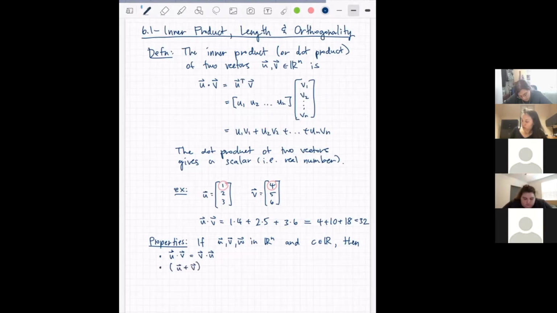So if we have u plus v dot w, that is the same as u dot w plus v dot w. And then if we multiply by a constant times u, then dot with v, that's the same as first dotting u and v and then multiplying by a constant, or you could multiply v by the constant and then take the dot product.